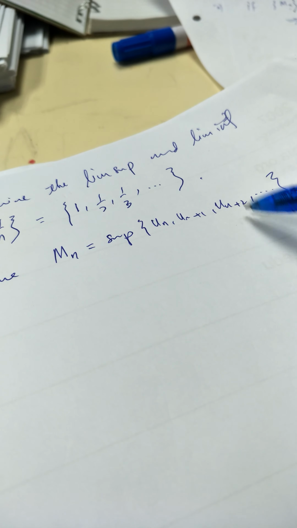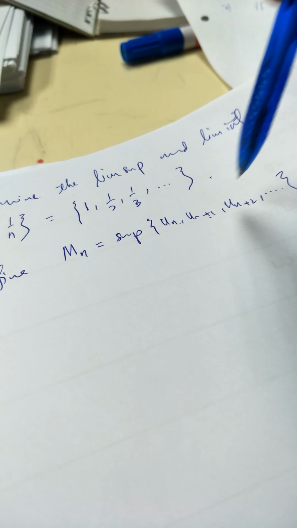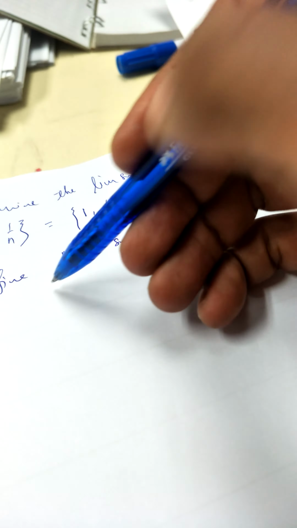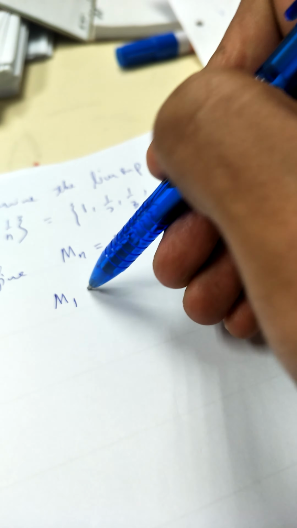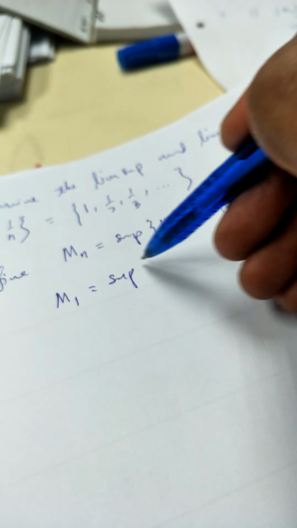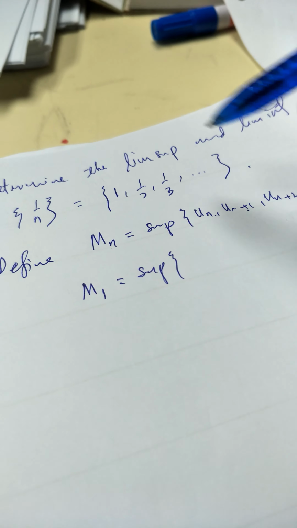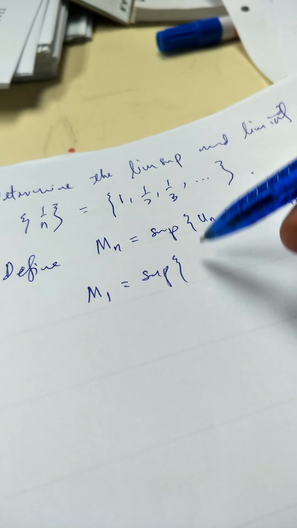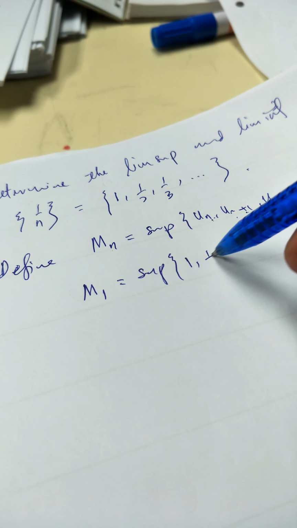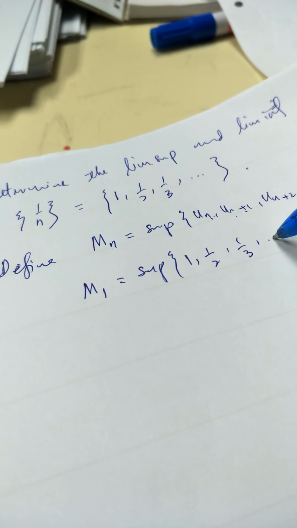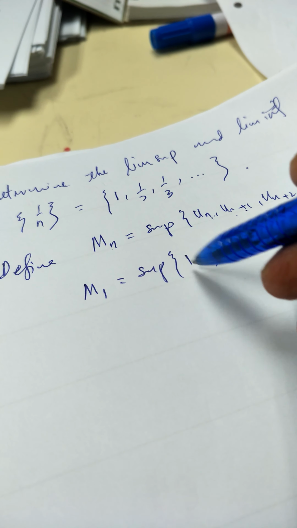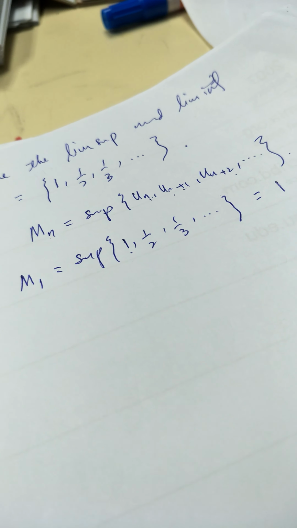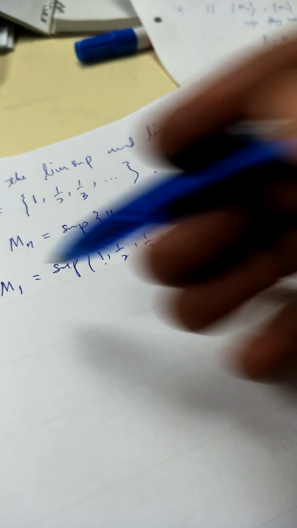If you substitute this, for M1, this is the supremum of u_n, which is u1. U1 is 1, u2 is 1 over 2, 1 over 3, and so on, which gives you the supremum, the biggest one, so 1. We have a greatest upper bound, which is 1.